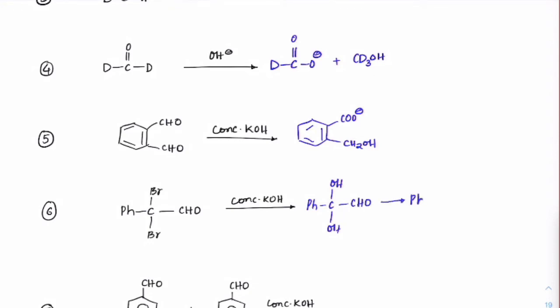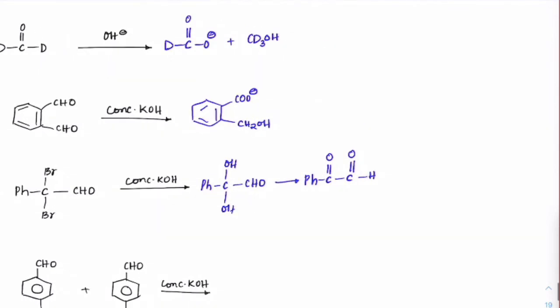So we will get C double bond O, H forming. Now you can see again this has become a situation where there is no alpha hydrogen with respect to C double bond O. So intramolecular can take place.